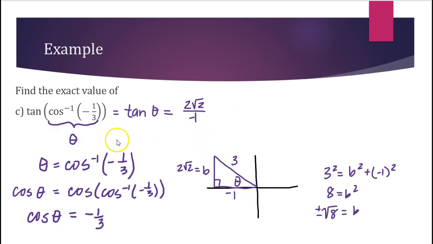So we never actually found the value of the angle theta, but we instead just said, we know that theta is cosine inverse of -1/3, which gave us the relationship that cosine of theta must equal -1/3. And then we drew a triangle in the respective quadrant, and we were able to find the side relationship.